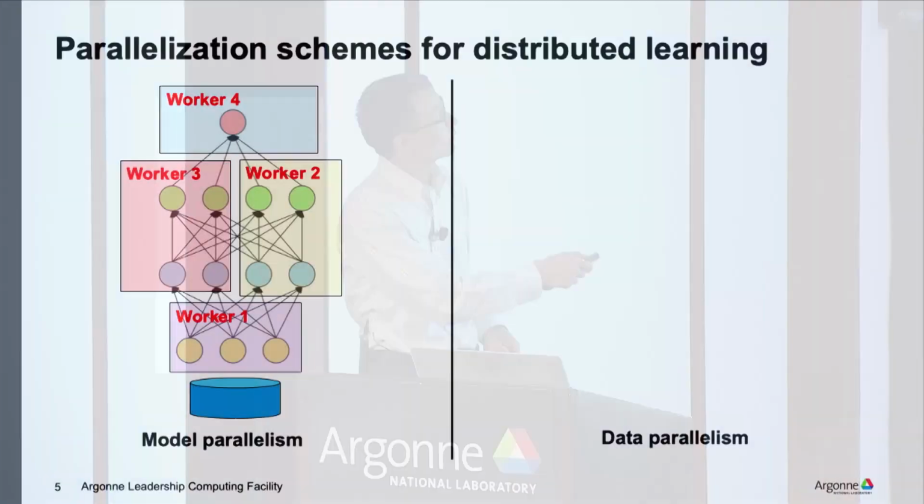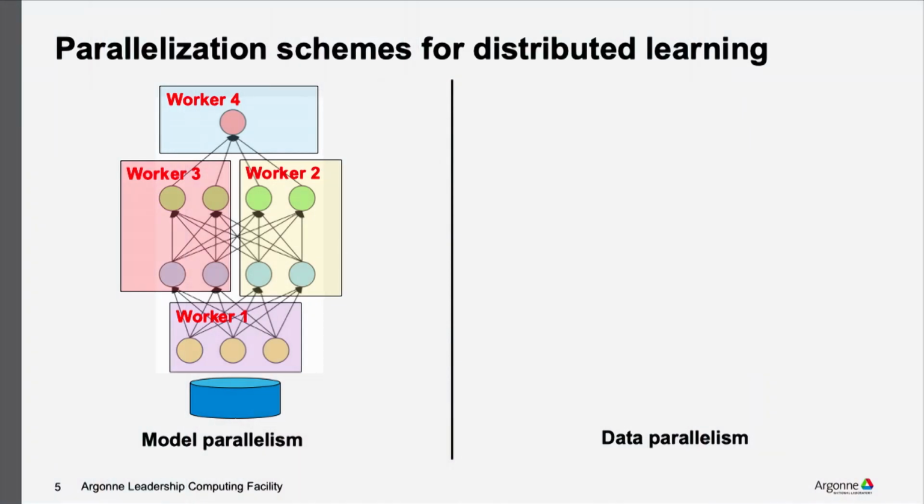Also, since different layers have dependence, for example, worker 4 will depend on the result from worker 3, there's also a pipeline issue we need to deal with carefully. So in general, this is complicated, but the second scheme, called data parallelization, is very simple.